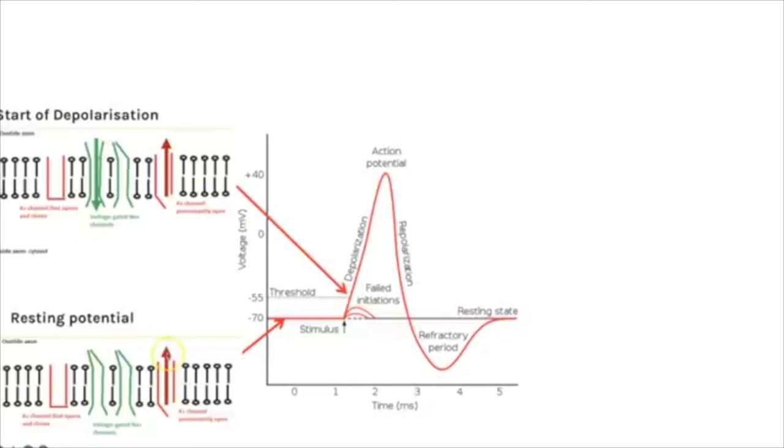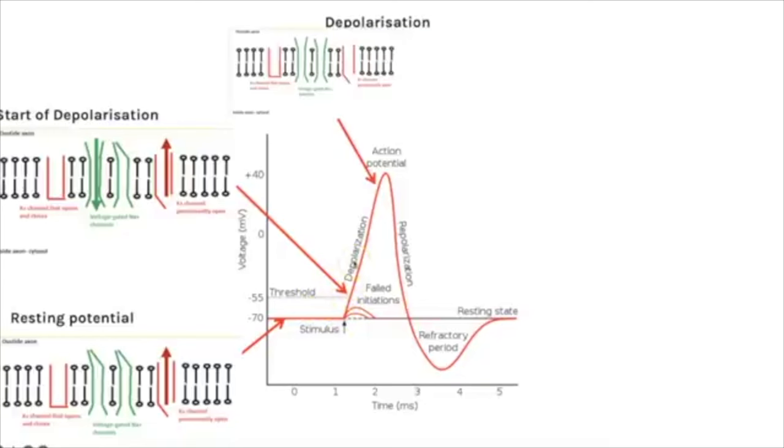The potassium ion channel here is permanently open, but because we now have some sodium ions moving in, we start to see this increase in the voltage. Now, if the stimulus is large enough to cause enough of these sodium ion channels to open, then you'll have enough sodium ions diffusing in to cause an increase beyond the threshold potential.